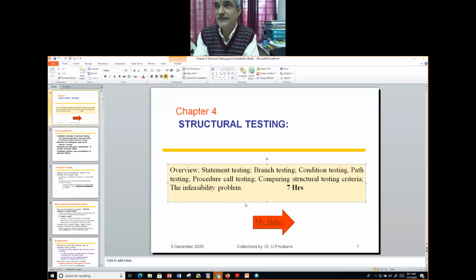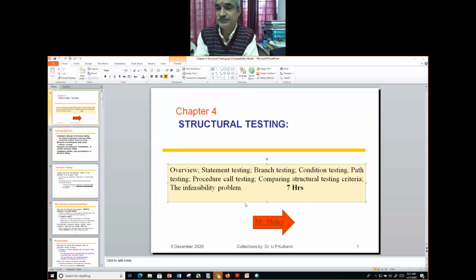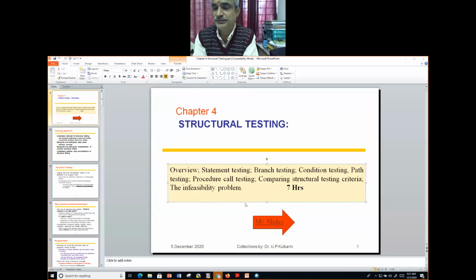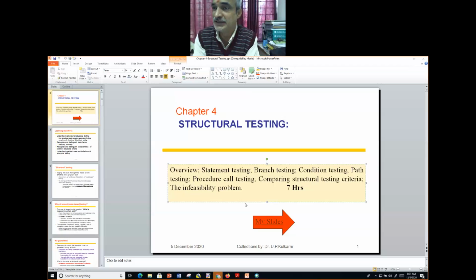Third one, design the test cases. Design the minimum number of test cases to cover all paths. If the cyclomatic complexity number is 4, then you need to have 4 test cases.